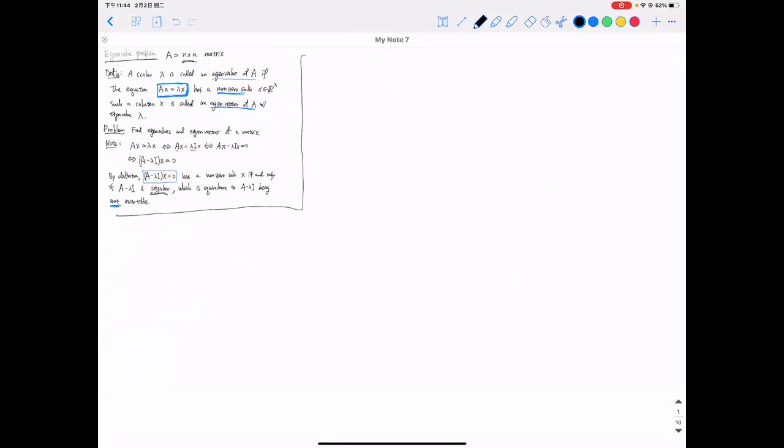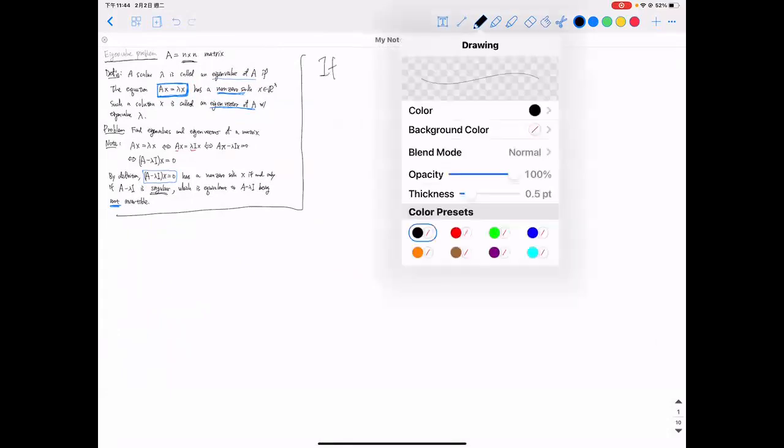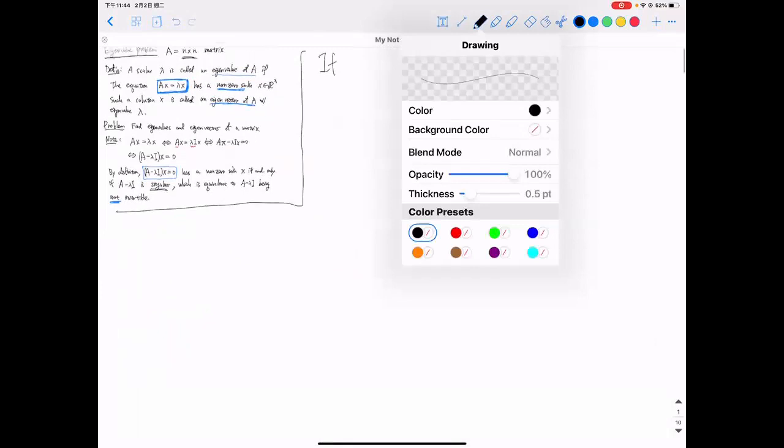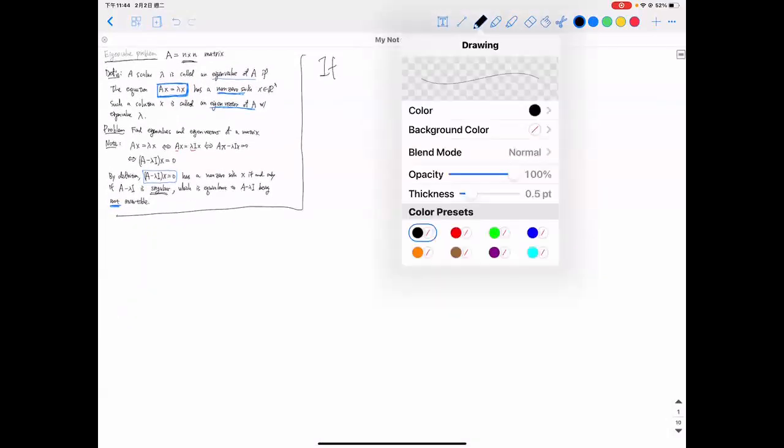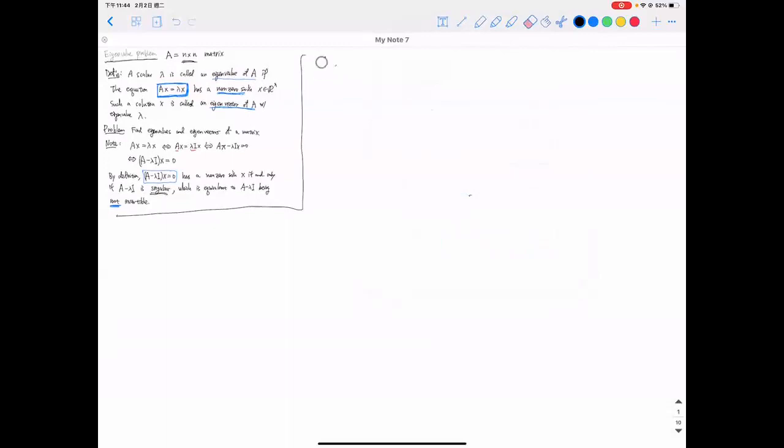Anyway, I guess now I'll continue over here. That's why the thickness of the stroke looks so weird. I zoomed in too much.